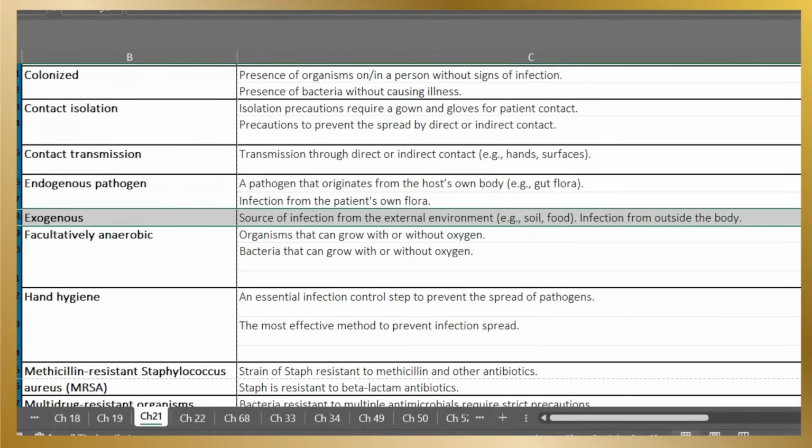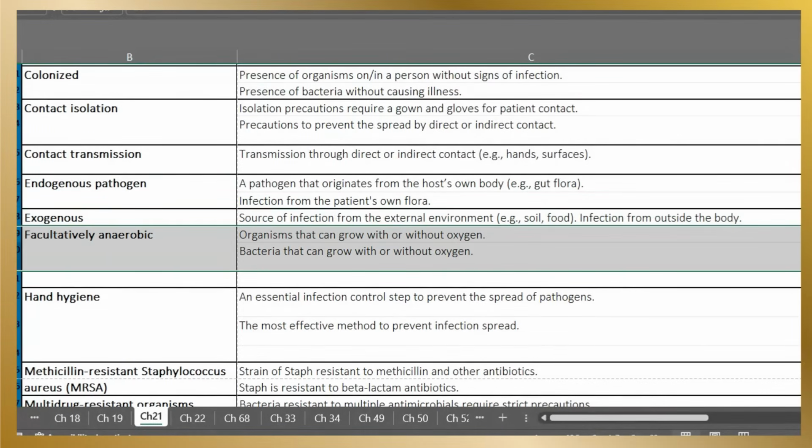Exogenous, exo, think about an outside attacker, like food, dirt, animals. This is a source of infection from the external environment, so soil, food, infection from outside the body.